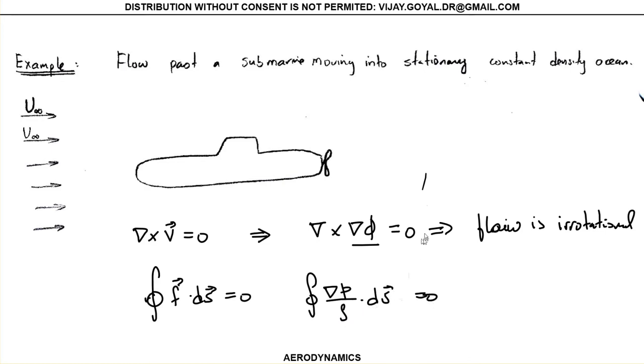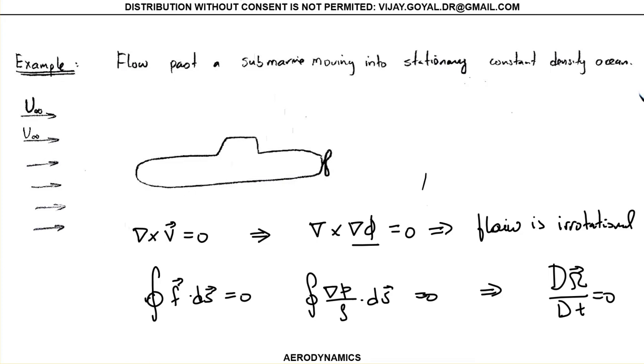In that case, my conclusion is that my total change of vorticity is going to be 0 across my submarine.